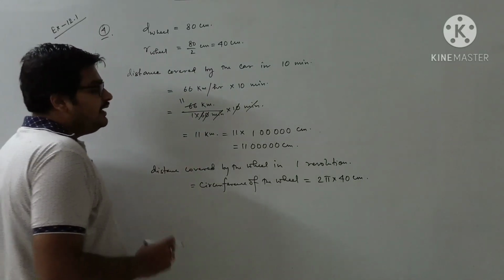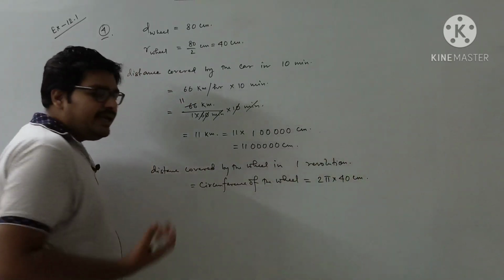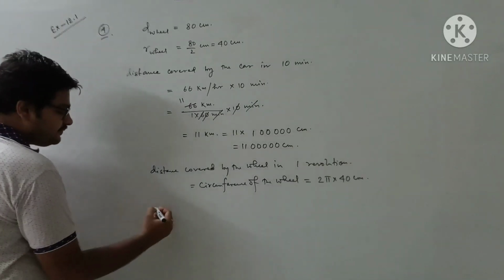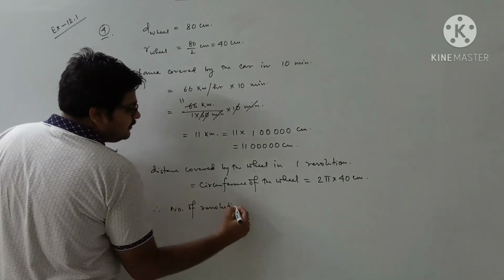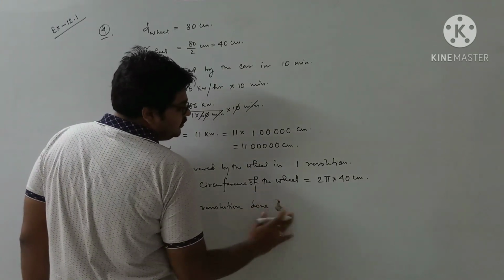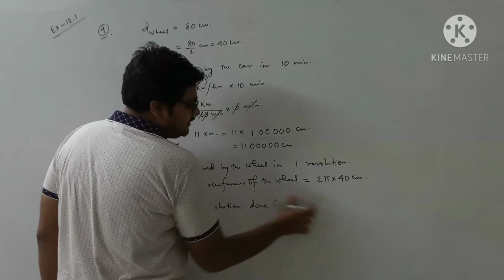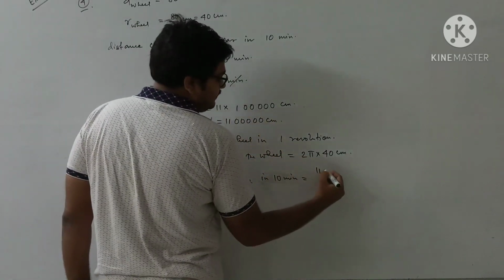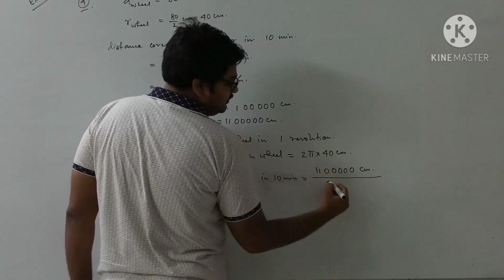See, now if I divide the total distance by the distance covered in one revolution, then I get how many revolutions the wheel has taken to cover that distance. Therefore, the number of revolutions done in 10 minutes is equal to this total distance, this much centimeter, by 2 into pi into 40.